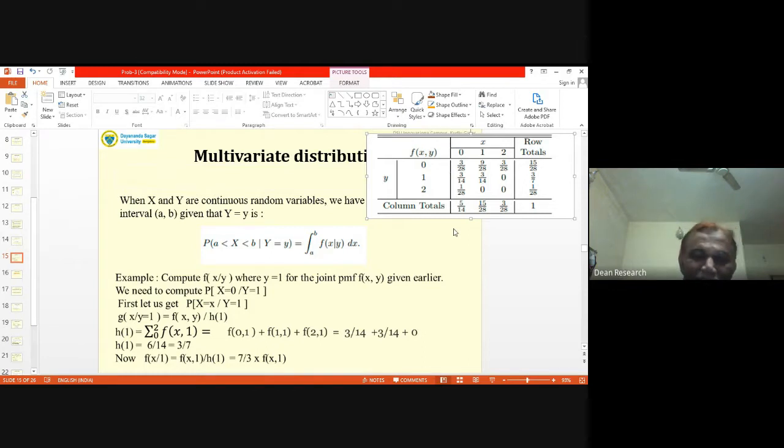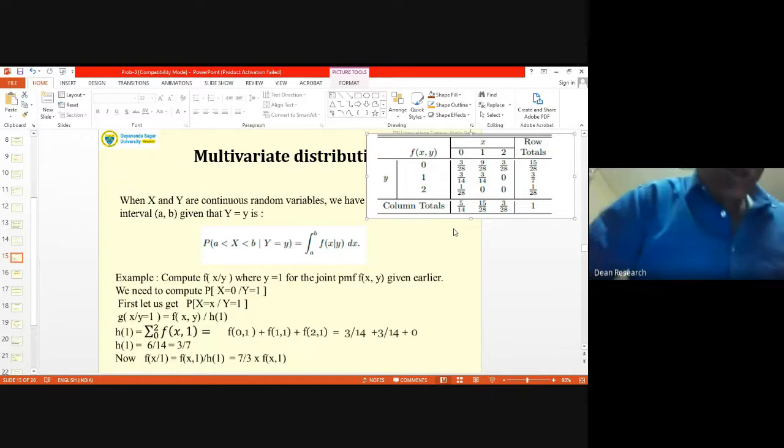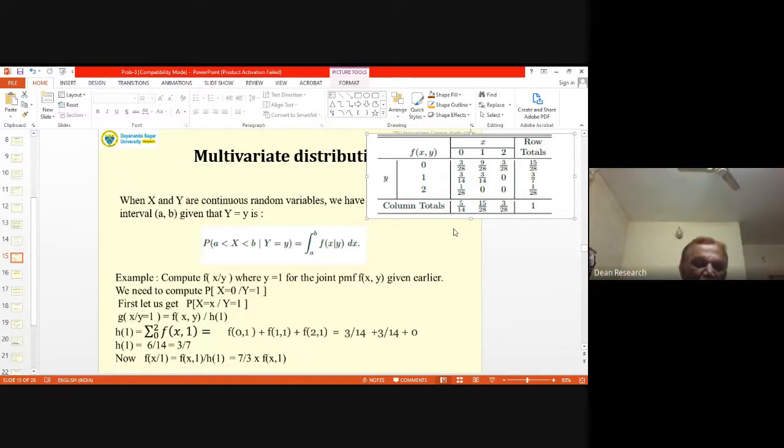Now, how to compute that? You refer to the table and try to justify yourself as to how it is computed. Once you have got h of 1, then you have to substitute it in the formula that we have for g of x given y is equal to 1.